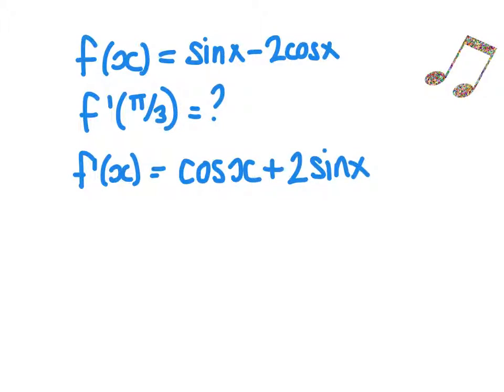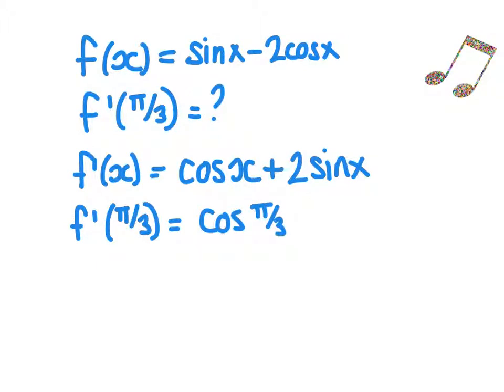So f dashed x is equal to cos x plus 2 sin x. So f dashed pi over 3 is going to be equal to cos pi over 3 plus 2 sin pi over 3.